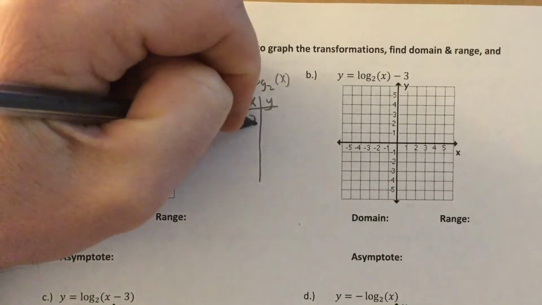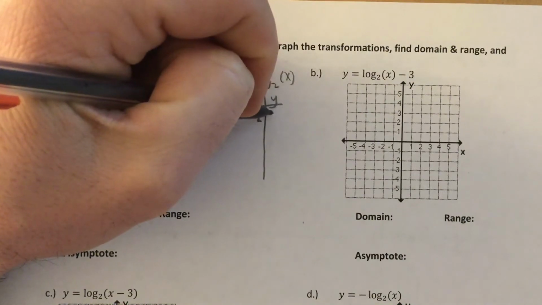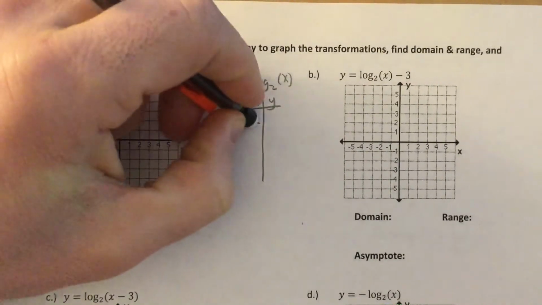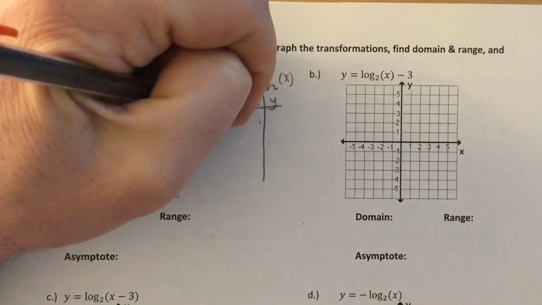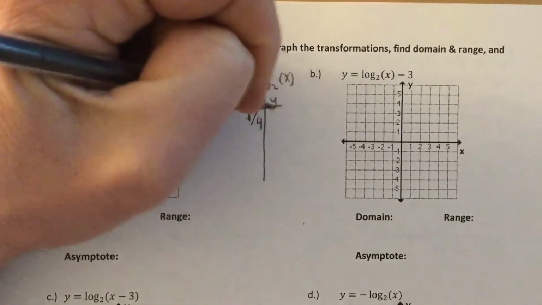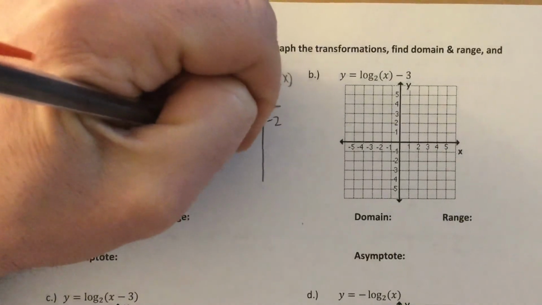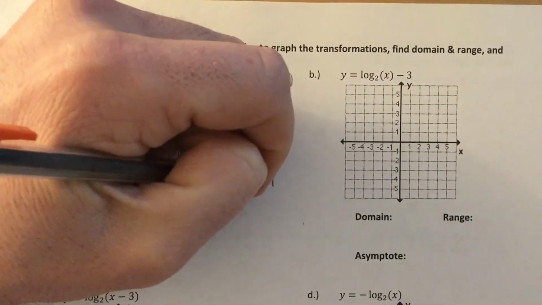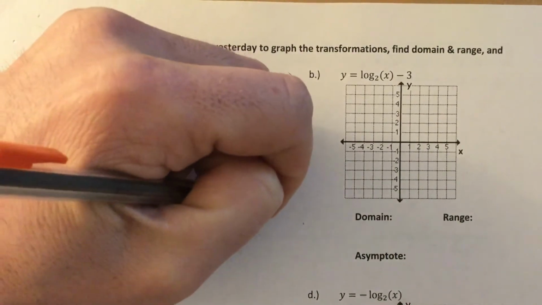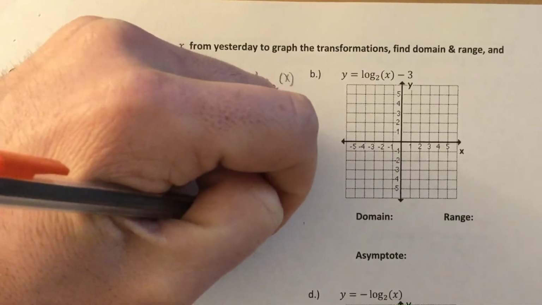So we had 1/4, negative 2. I'm getting this from page 29. 1/2, negative 1; 1, 0; 2, 1; 4, 2; 8, 3.